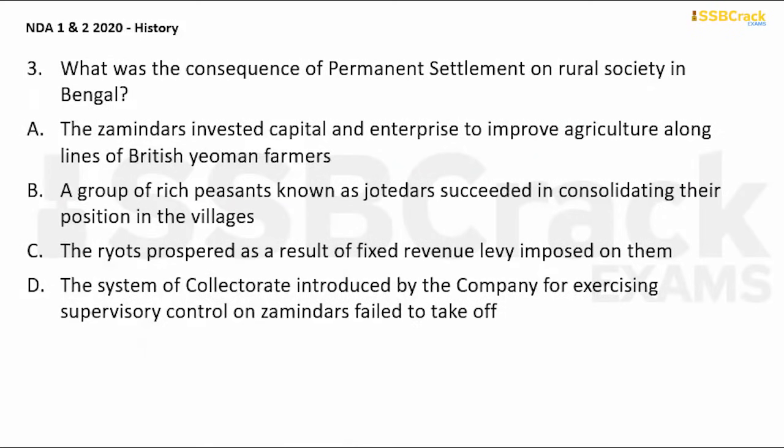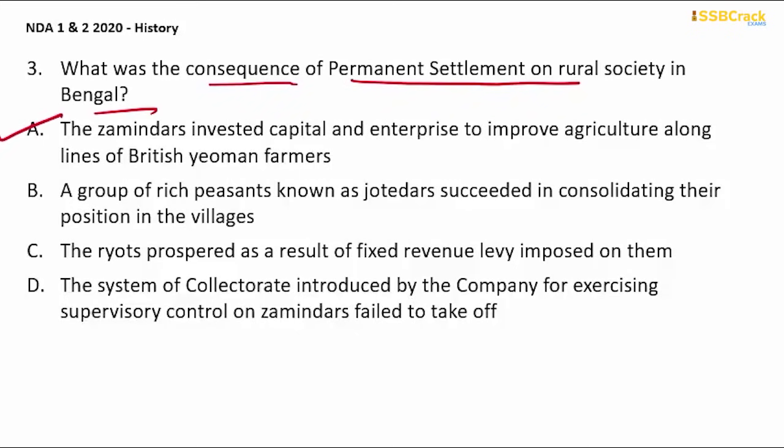Next question is, what was the consequence of the Permanent Settlement on rural society in Bengal? A. The Zamindars invested capital and enterprise to improve agriculture along the lines of British yeoman farmers. Read the question very carefully.